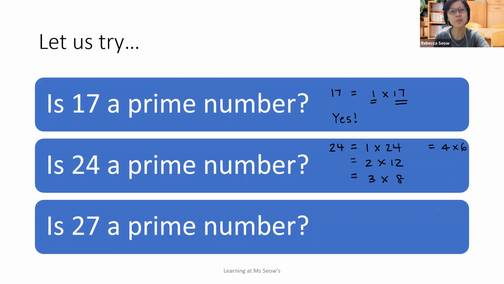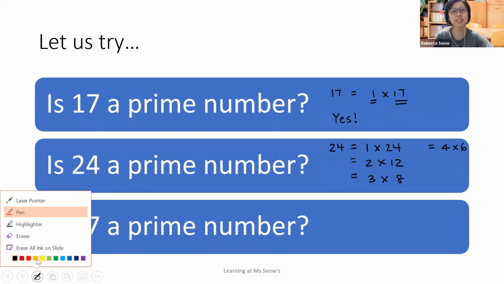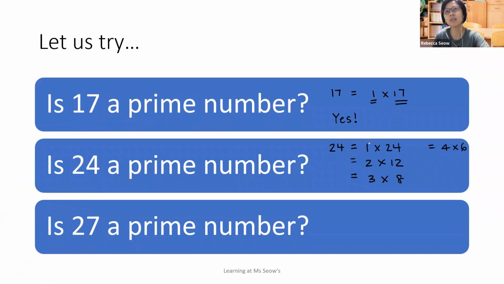Oh, so many numbers. You see, how many factors are there? Are there just 2 factors or more than 2? Well, if you can see, there are so many factors. Where are the factors? The factors are all here. We have 1, 2, 3, 4, 5, 6, 7, and 8 factors.